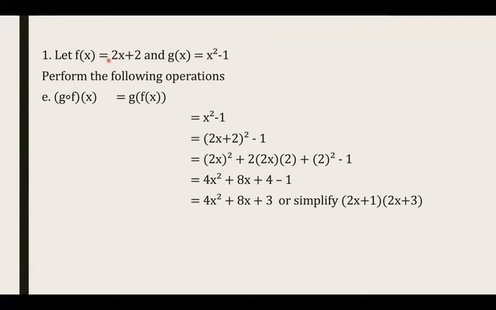Meaning, this 2x plus 2 will be substituted for the x squared, making the equation 2x plus 2, which is your f of x, squared minus 1. And then when we do the math, we simplify it as 4x squared plus 8x plus 3. So, just do the math.